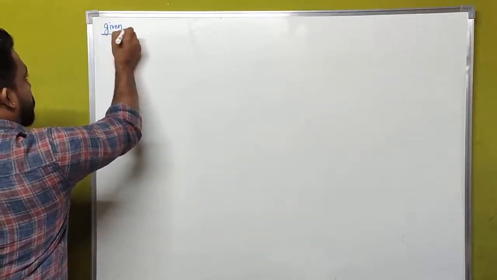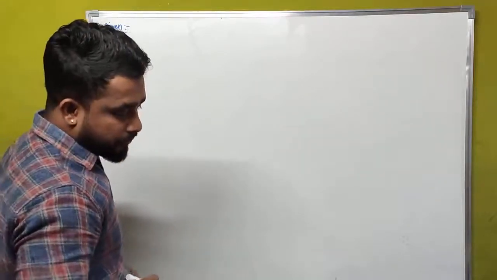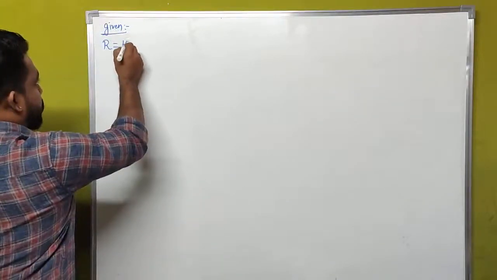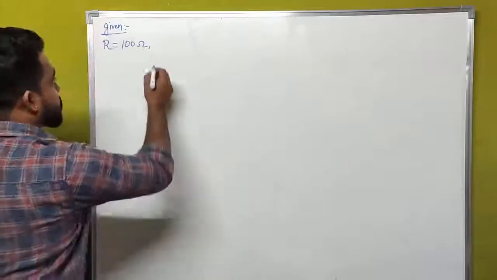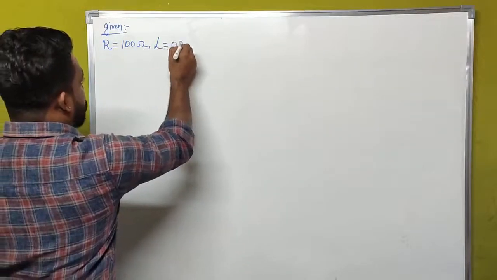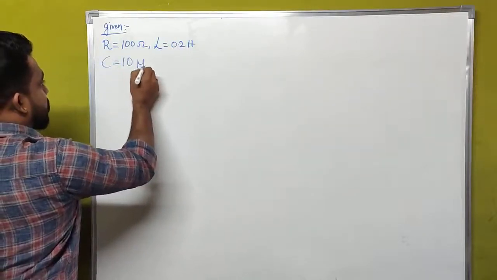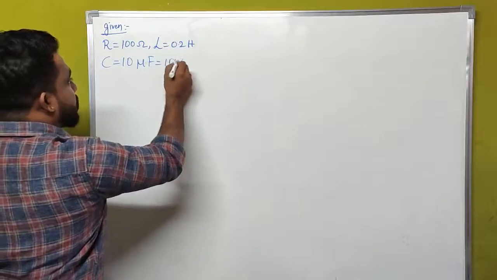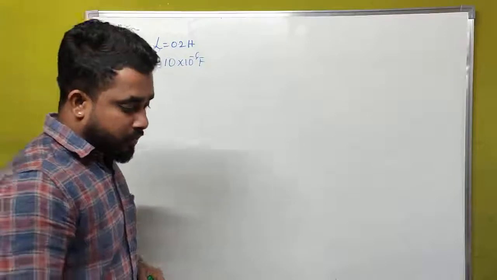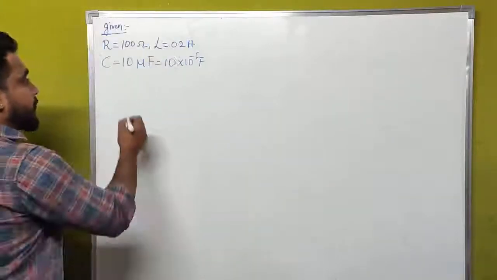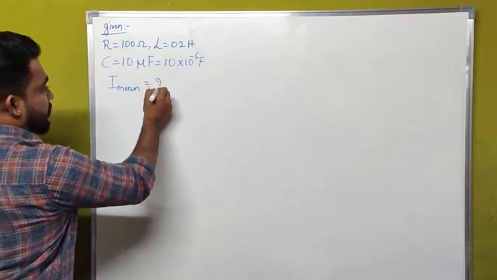The given terms are: resistance of the resistor is equal to 100 ohm, inductance of 0.2 Henry, and capacitance of 10 microfarad, that is equal to 10 into 10 to the power of minus 6 farad. What we have to find is I mean, that is the mean value of current.